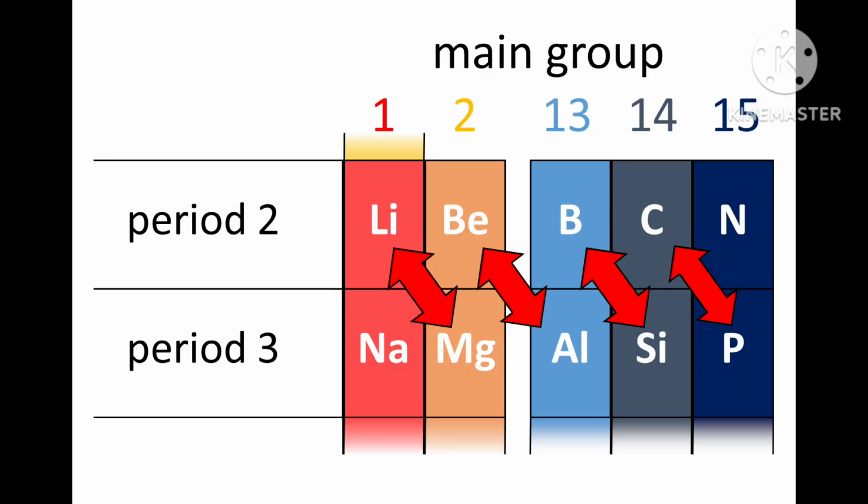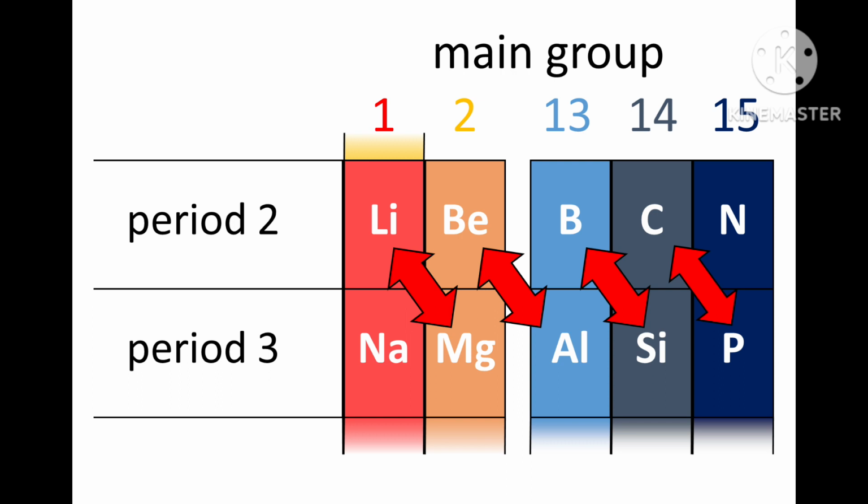Now, atomic and ionic radii. The atomic and ionic radii, means radius, of the alkaline earth metals are smaller than those of the corresponding alkali metals in the same periods. Here you should understand, because generally a student will think the reverse way.